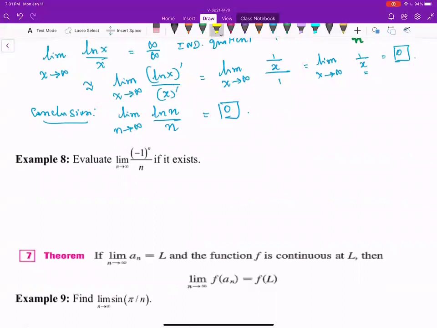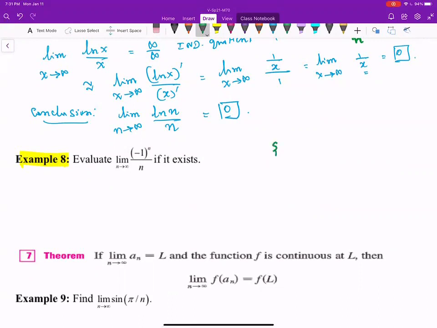Example 8, evaluate the limit as n approaching infinity of negative 1 to the power n over n, if it exists. Whenever you say negative 1 to the power n, we know that it changes the sign alternatively, positive and negative.